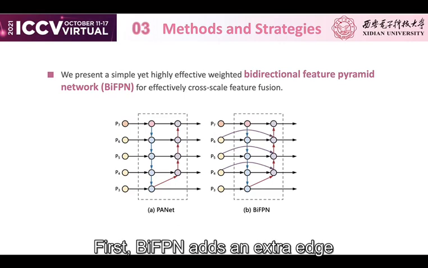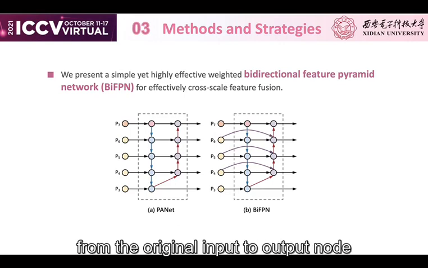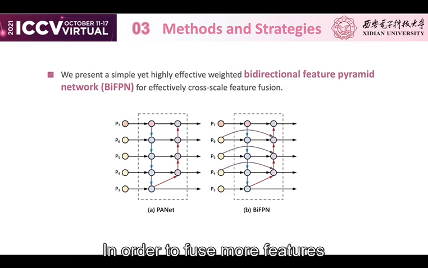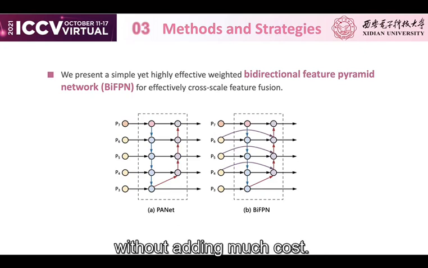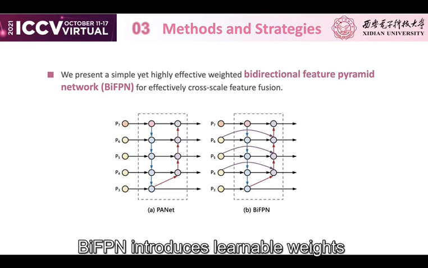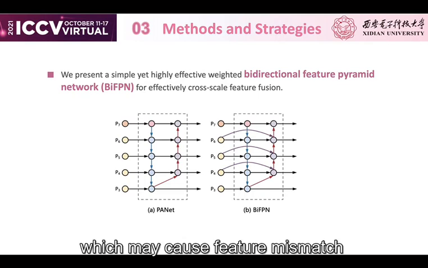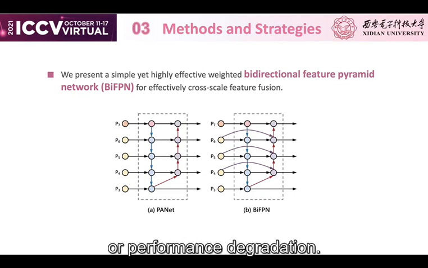First, BiFPN adds an extra edge from the original input to the output node if they are at the same level, in order to fuse more features without adding much cost. Second, while combining low-level and high-level features, BiFPN introduces learnable weights to learn the importance of different input features instead of simply summing up or concatenating, which may cause feature mismatch or performance degradation.